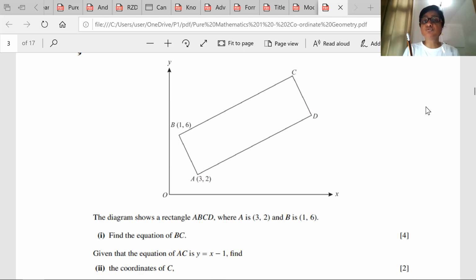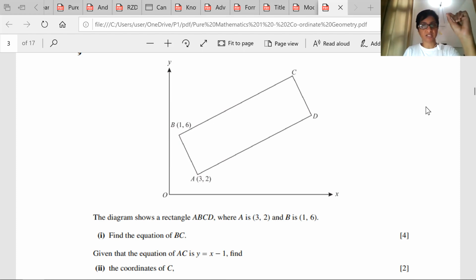Remember I told you, you have this mindset because you're so used to the y equals mx plus c form. You don't feel good until you have it in that form. Please, you have to get rid of that feeling.